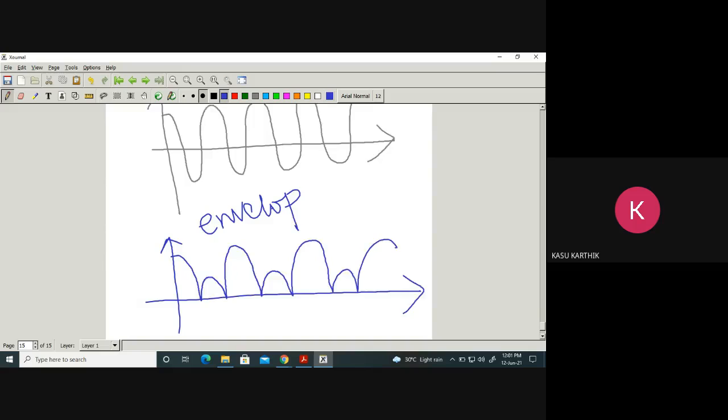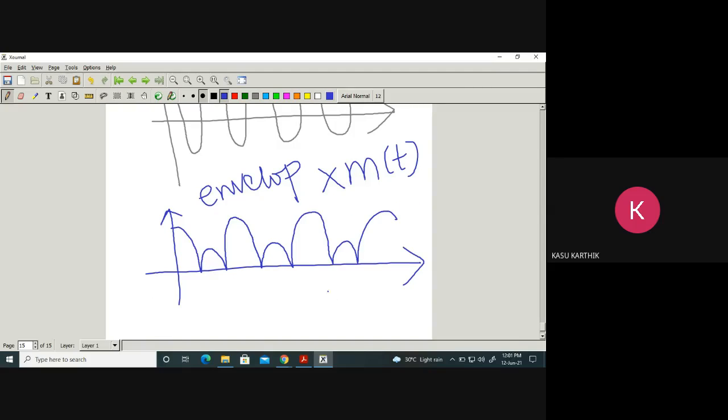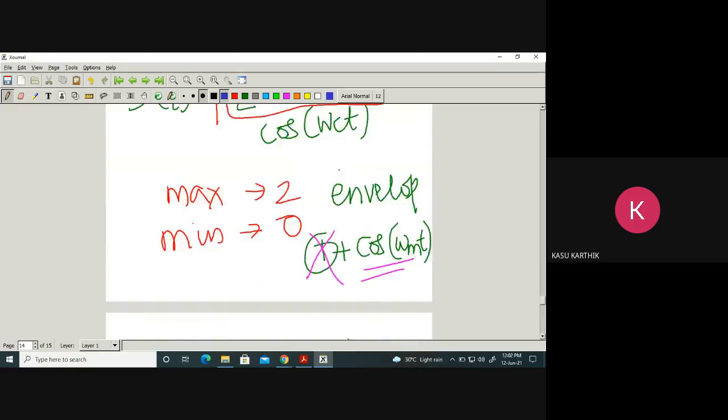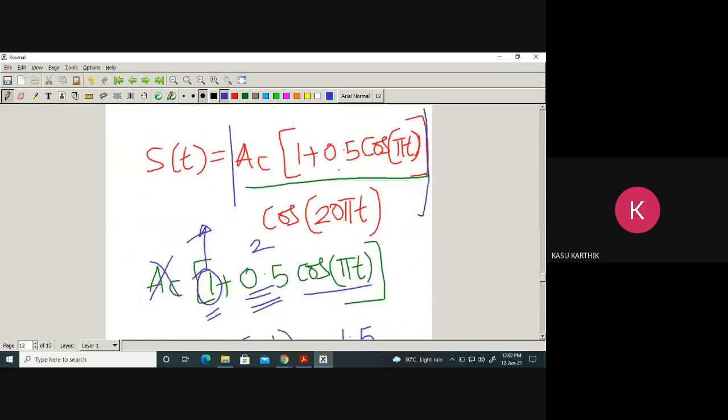So envelope is not proportional to m of t. In fact, it is something like proportional to mod of m of t. Is it okay? Envelope is not proportional to m of t. In the previous cases, this is proportional to m of t. Proportionality means there is a shift, there is attenuation. Okay, so it is also proportional to m of t.